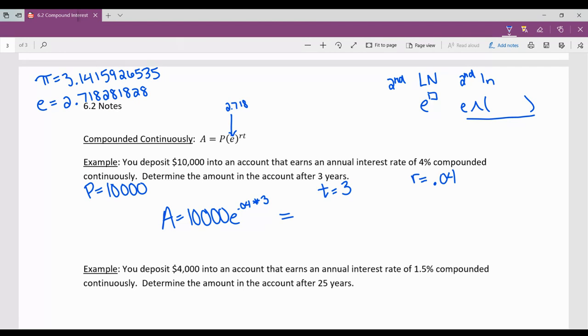So we're going to go ahead and do that, hit enter, and then you're going to multiply that by 10,000. So you should get, hopefully if you type this into your calculator correctly, $11,274.97. Okay, so it's a matter of just finding that E button on your calculator.